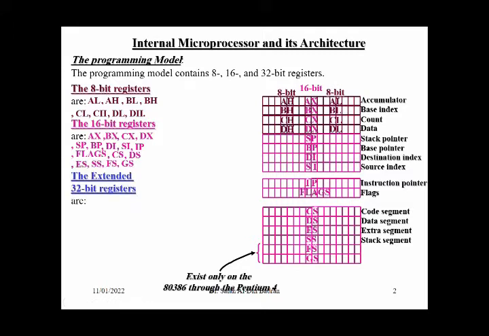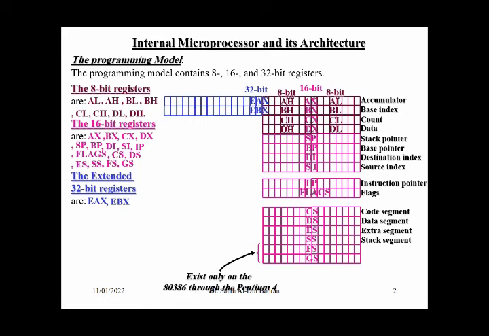The extended 32-bit registers, such as EAX, extended for the advanced microprocessors. We add another 16 bits, so we get this 32-bit register.